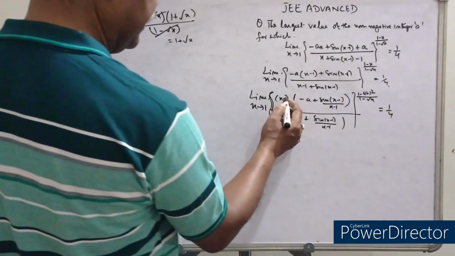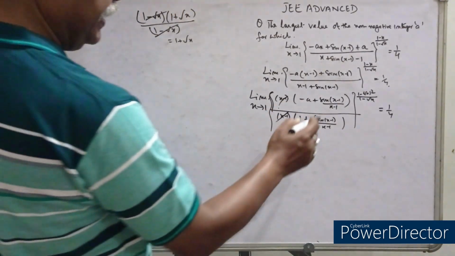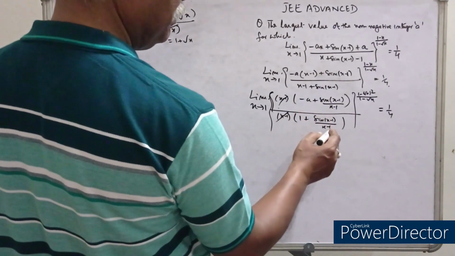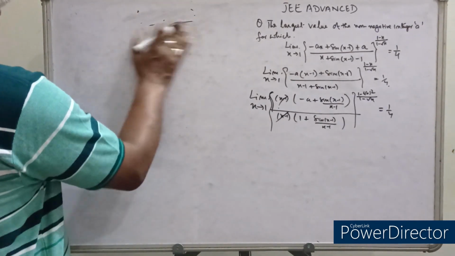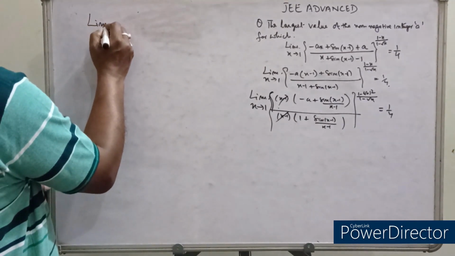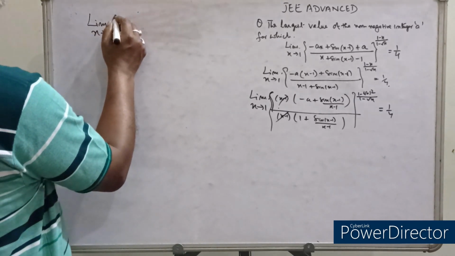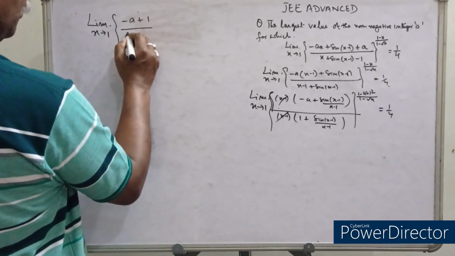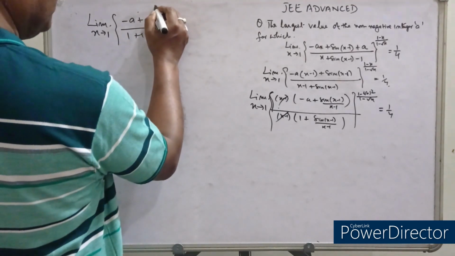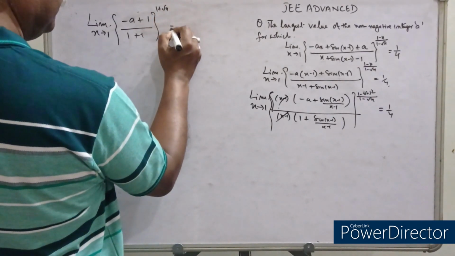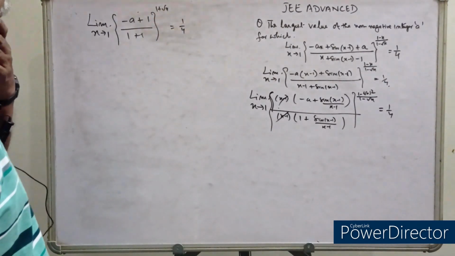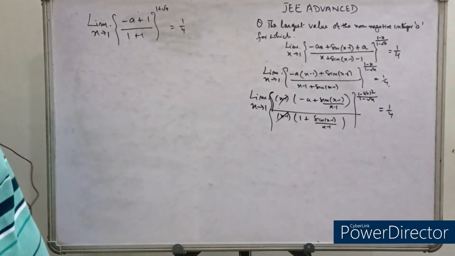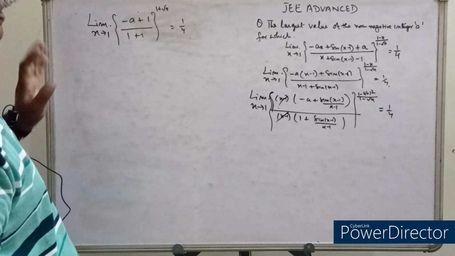Here again, sin theta by theta, as theta tends to 0, will be 1. So the remaining will be limit x tends to 1 of ((-a + 1)/(1 + 1)) to the power (1 + √x), which is equal to 1/4.